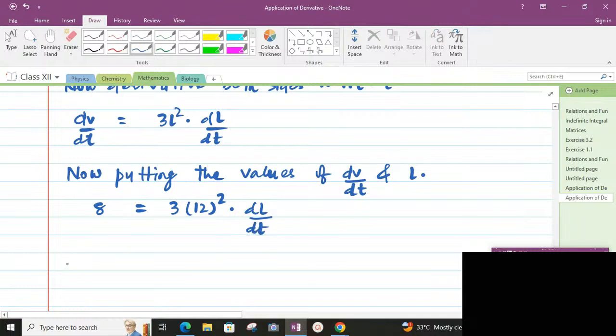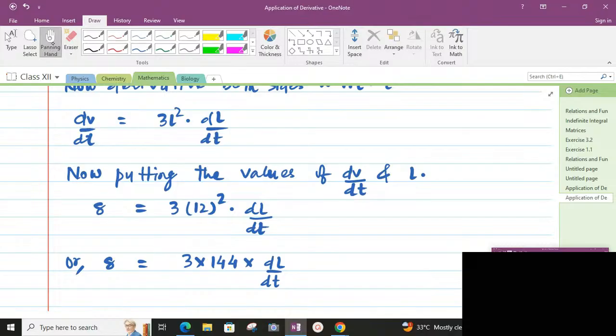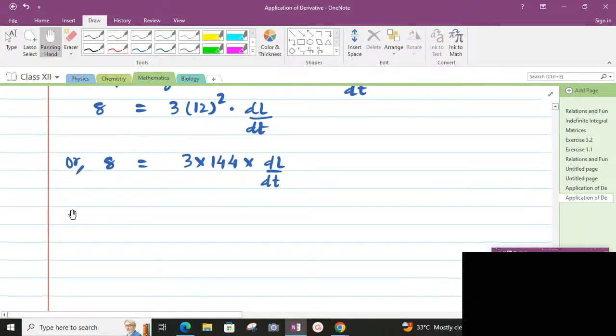Next step here will be 8 equals 3 into the square of 12, which is 144, into dL/dt.